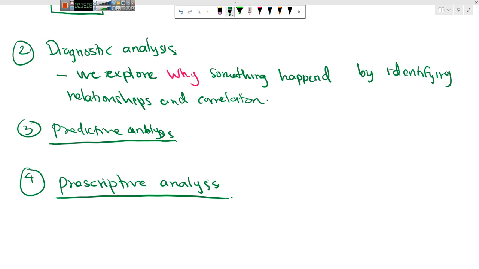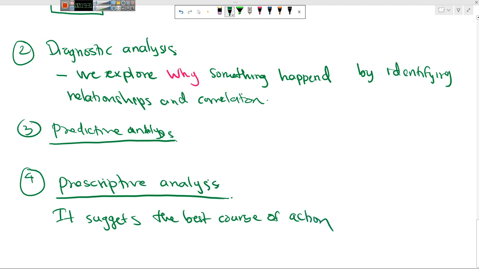Anyhow, let me write down the description of prescriptive analysis. It suggests the best course of action based on the analysis of data.